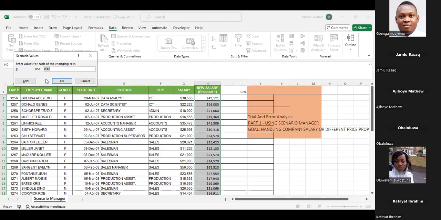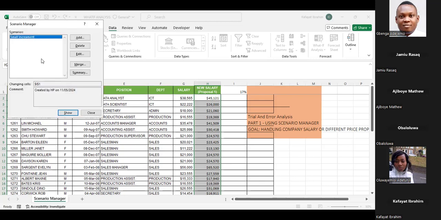So on that part, you will now put 0.1. Clear what you have there. We don't have time. 0.1. So 10% is 0.1 in decimal, right? Very simple, straightforward. Click on OK. We have one scenario ready.